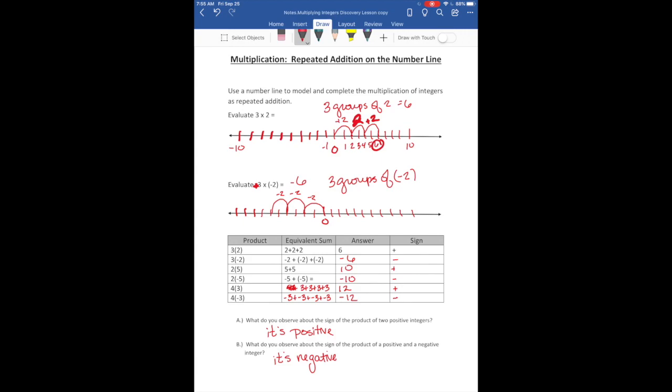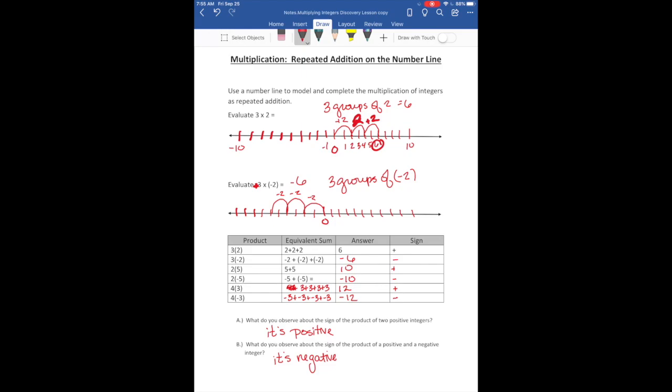So then 2 times 5 would be 5 plus 5, which would give you 10. And then 2 times negative 5 would be negative 5 plus negative 5, which is negative 10. 4 times 3 would be 3 plus 3 plus 3 plus 3, which is 12. And 4 times negative 3 is negative 3 plus negative 3 plus negative 3 plus negative 3, which gives us a sum of negative 12.